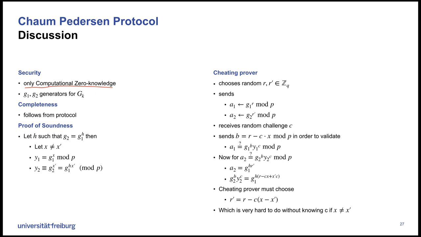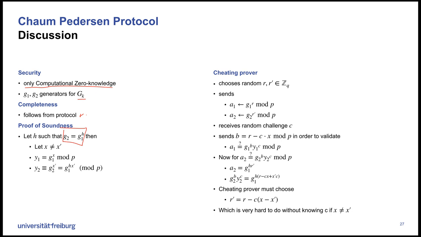Now let's talk about, so completeness follows from the protocol. We can convince that this is the case because we just follow the protocol. Now for soundness, assume that, now these are two generators, so you can say that G2 is G1 to the power of H, which is even the case if we choose from Gq. So that's something we do in the exercise on Thursday.